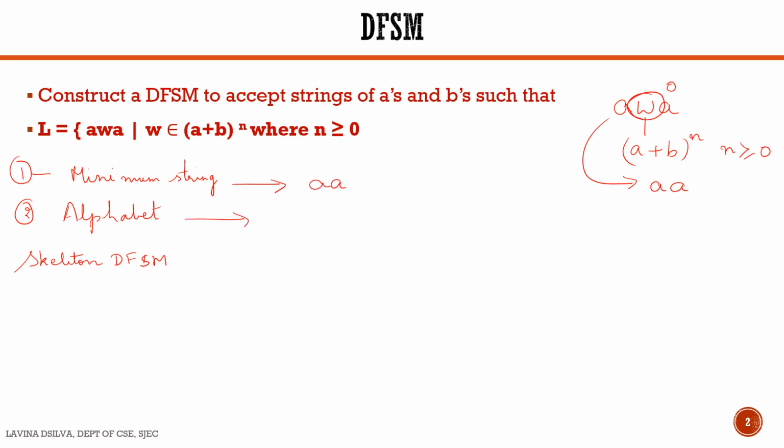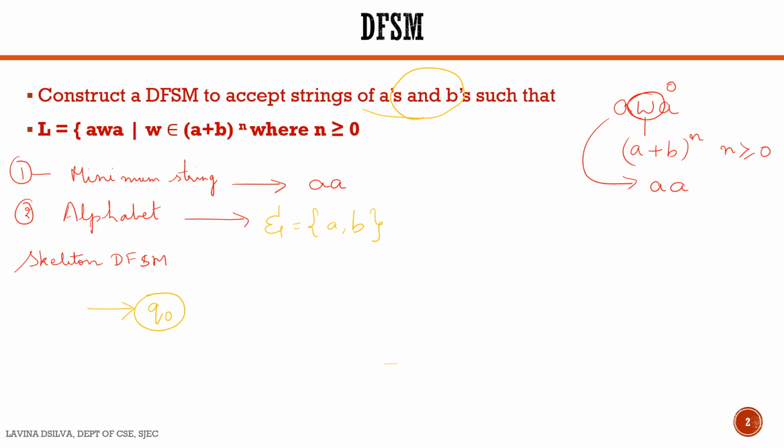What is the alphabet? It is to accept strings of A's and B's. So we know that sigma is equal to {A, B}. With this data, we shall construct the skeleton DFSM. So we know that DFSM starts with a start state Q0.